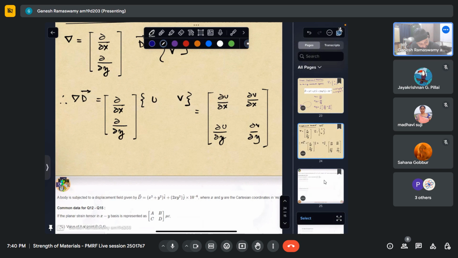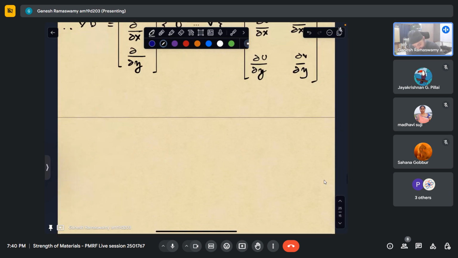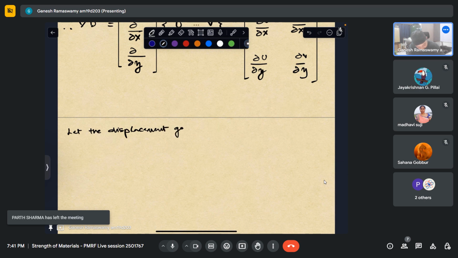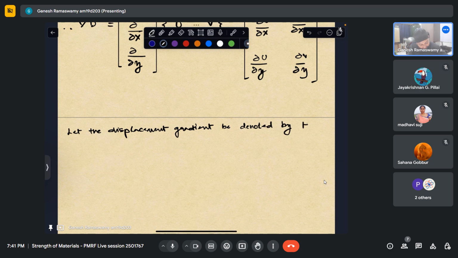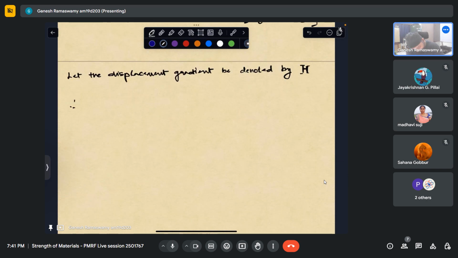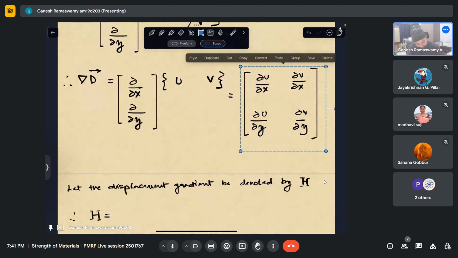So let the displacement gradient be denoted by some H. Let capital H be my displacement gradient. So therefore, my capital H is this quantity. It is the displacement gradient.